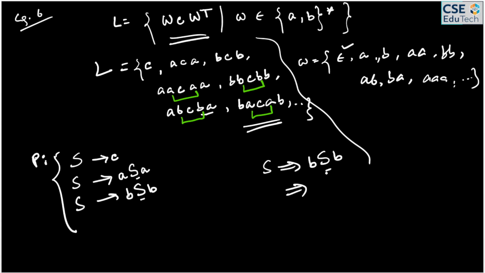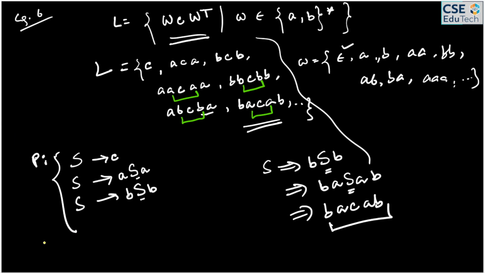Now this S will be replaced by a S a. So we can write b, then a S a, b. Now we replace this S by only c. So b a c a b. So this is the terminal string that is generated from this grammar.